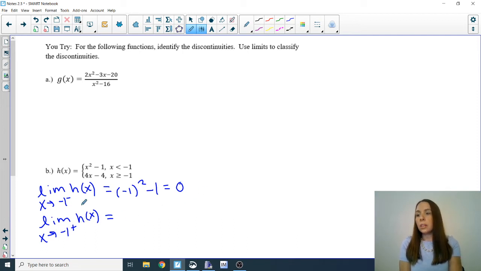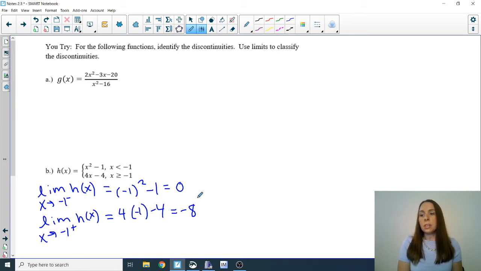For the right-hand limit, we would be using the part of the piecewise where x is greater than or equal to -1. Whenever you're to the right of -1, you are at an x-coordinate that is greater than -1. So that would be this piece. So take -1 and sub it into the 4x minus 4. 4 times -1 minus 4, that is not 0. Be careful here. This is -4, and -4 minus 4 is -8.